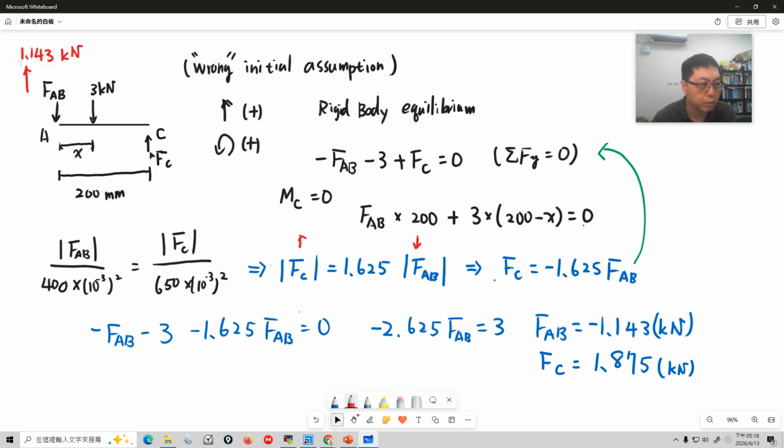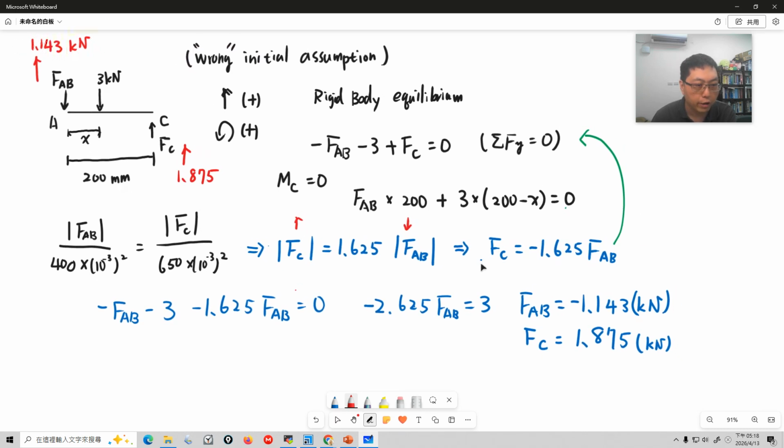Initially we assumed FC points up and we get a positive value, so the real direction of FC is also up, 1.875. So even if I made the wrong direction assumption for FAB, I still get the right direction of FAB and FC after the calculation. Even if you initially make a wrong assumption, you still can get the right answer.